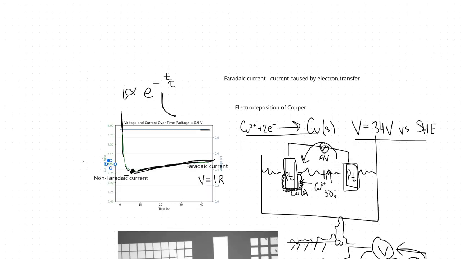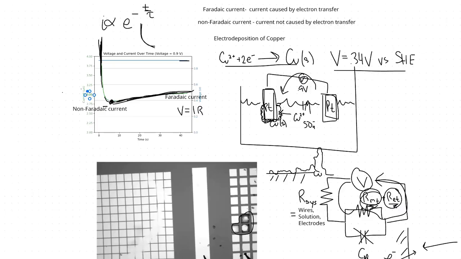A non-Faradaic current, as you might expect, is just current not caused by electron transfer. So this initial spike in current was not caused by electron transfer or the reaction or anything. It's caused by this weird capacitor double layer. It's something completely different. And so we call that a non-Faradaic current.